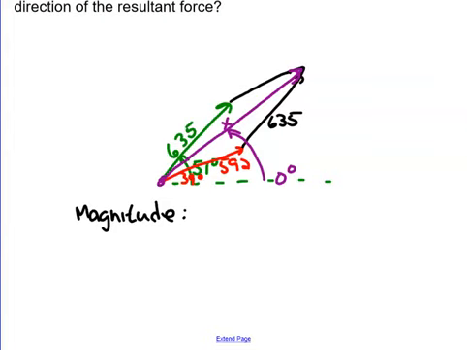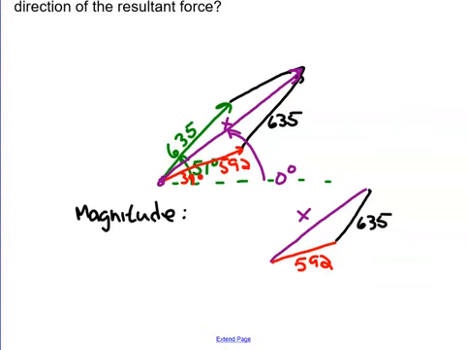I'm going to redraw this triangle again. So maybe I'll try to do it in the same colors, just so we can see, this is the X, this is the 592, and this is the 635. And what we want to know, first of all, is what the angle is in between 592 and 635.